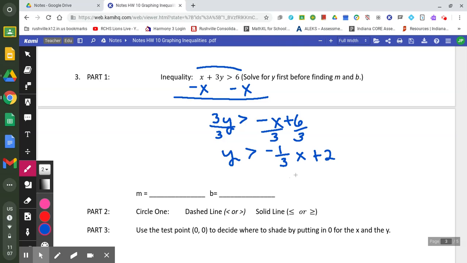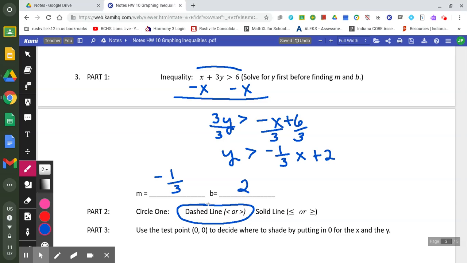So again, my m is the number in front of the x, so negative 1 over 3. And the b is the number at the end, so that is 2. My original inequality was greater than, so it is a dashed line.